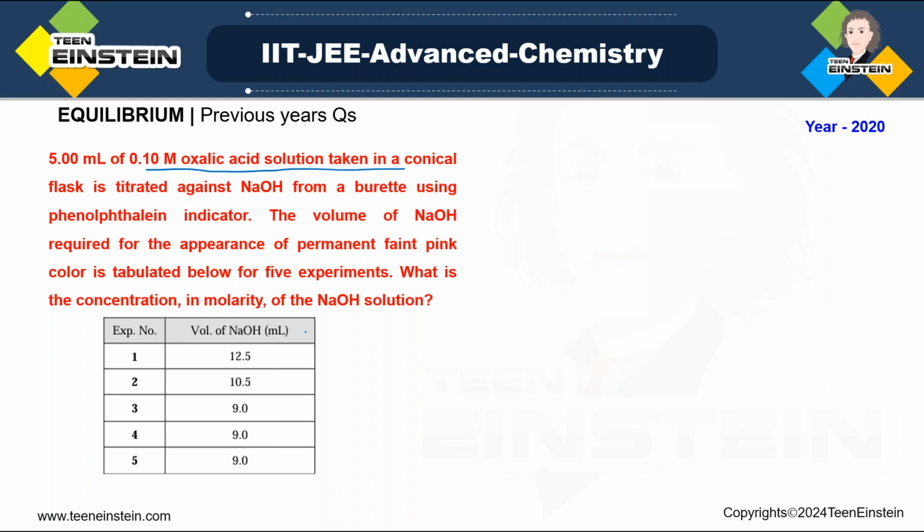So when we do this type of titration, from the phenolphthalein indicator color, we understand what is the final point, when we should stop the addition of NaOH from the burette. And what is the condition? When there is a permanent faint pink color. First there is pink color generation, then it gradually diminishes.